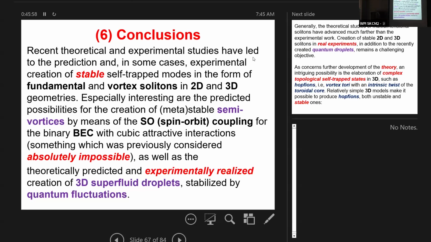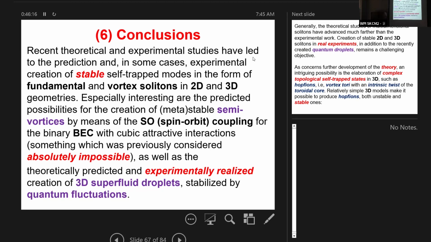Especially challenging is the objective to stabilize solitons with embedded vorticity against all these instability mechanisms. One of the mechanisms is very straightforward: one should take competing self-focusing and self-defocusing nonlinearity.